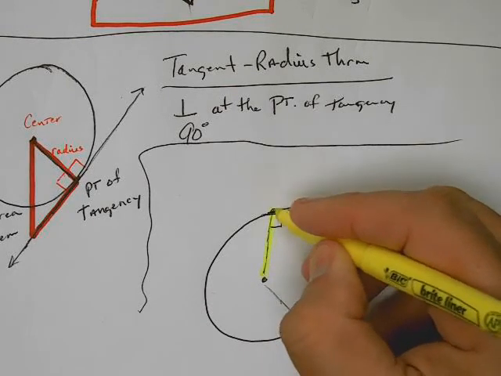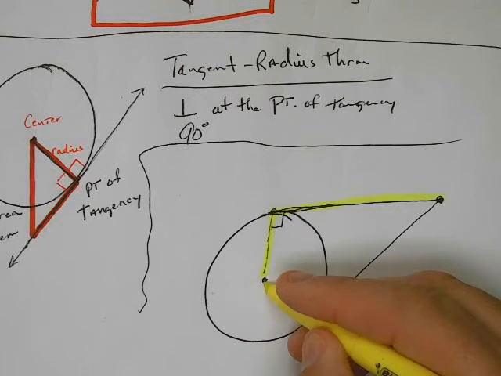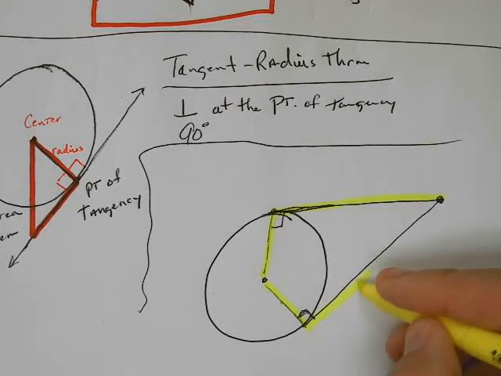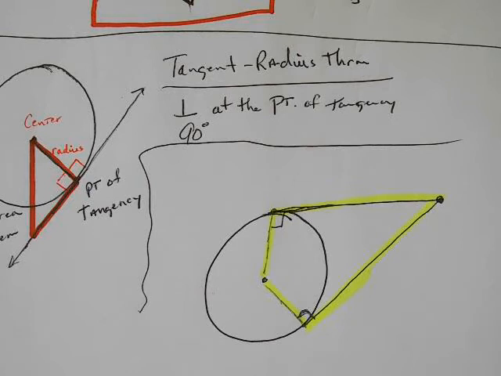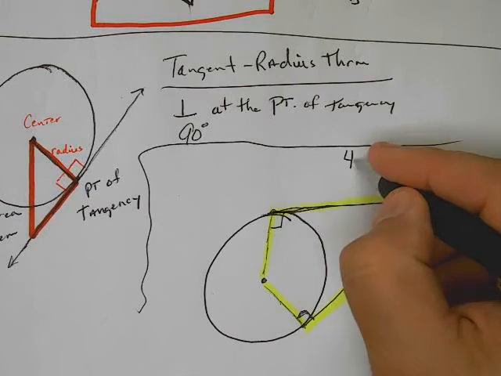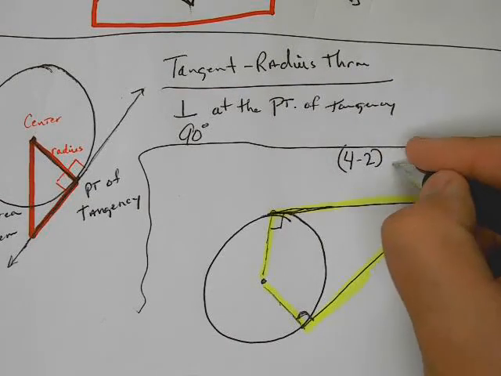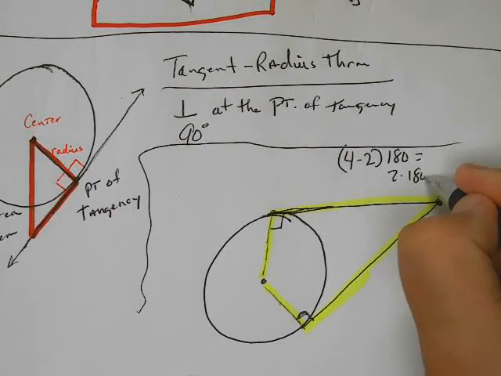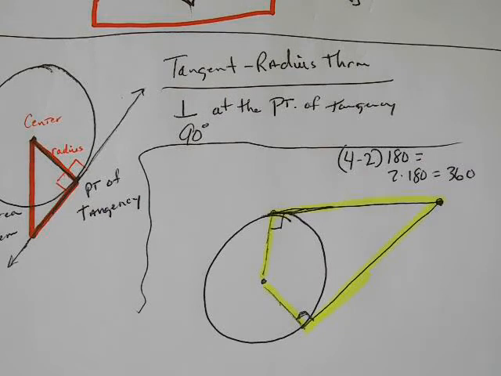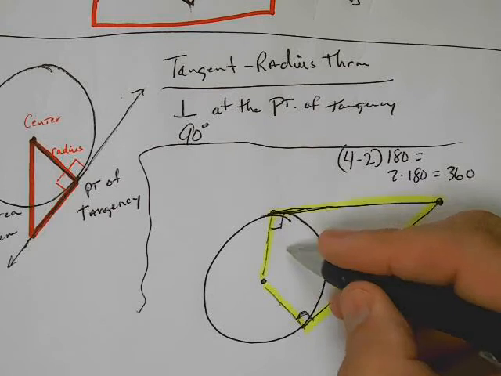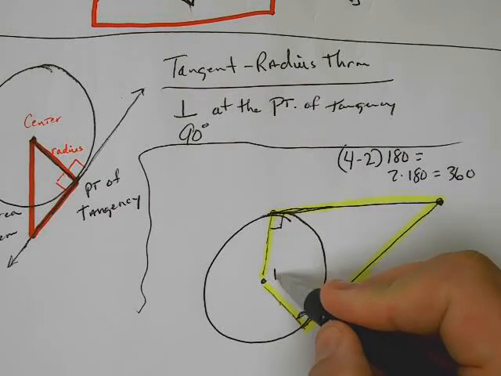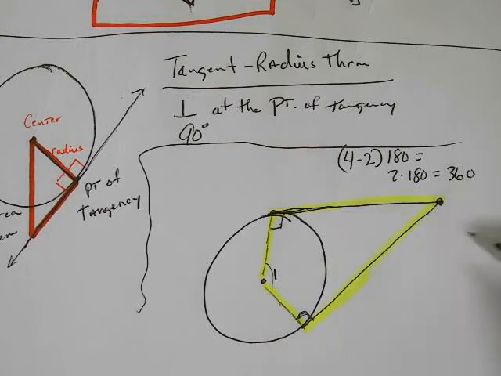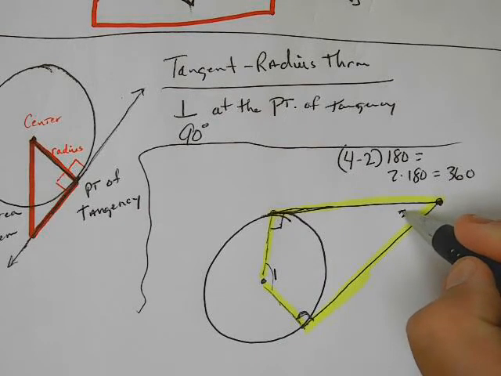Now I'm going to outline a quadrilateral, a four-sided figure. Anytime I have a quadrilateral, by the interior angle sum theorem, the angles all equal 360 degrees. If this is 90 and that's 90, let's call this the central angle right there, and this is just the angle outside.